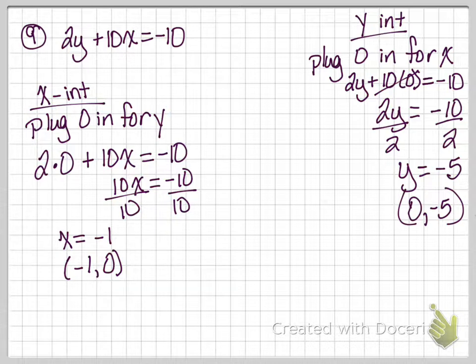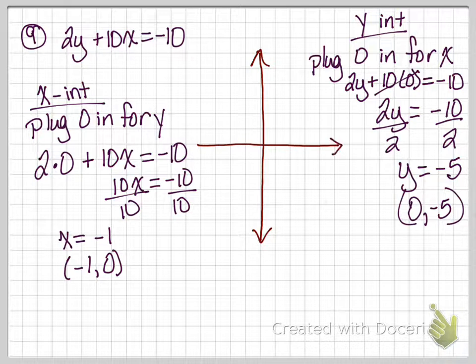Okay, now let's see if I can make a somewhat pretty graph here. Okay, I have drawn worse lines in my life. Okay, so we've got my y-intercept. Okay, good. Now I'm going to plot both points. I've got negative 1, 0. So right here, that is my x-intercept.